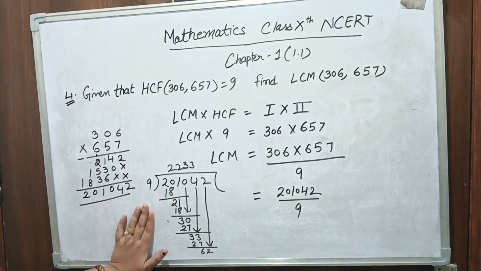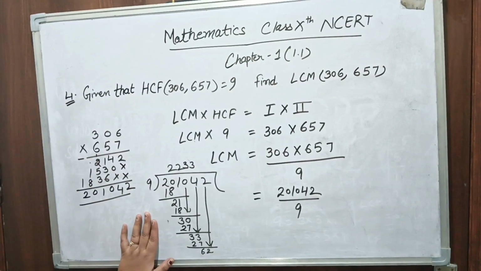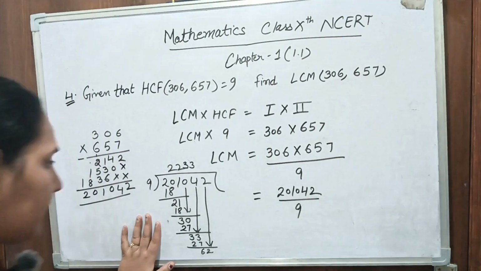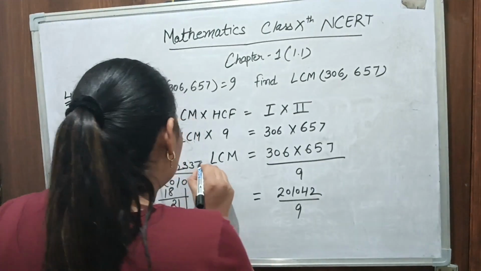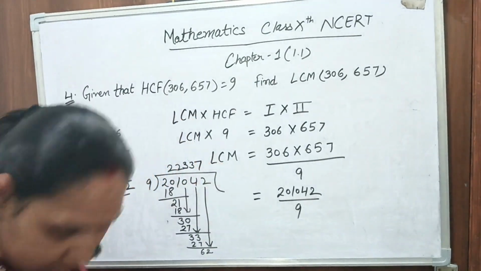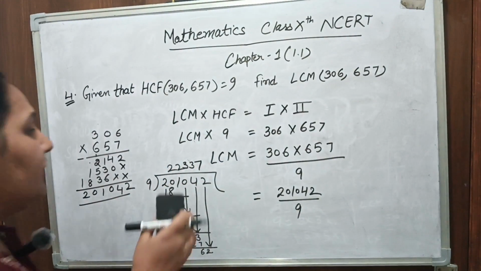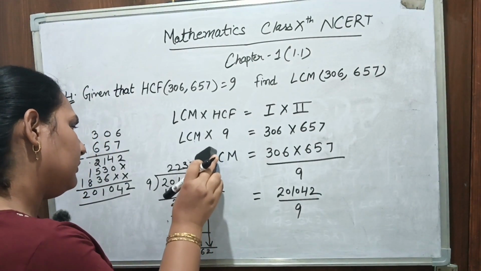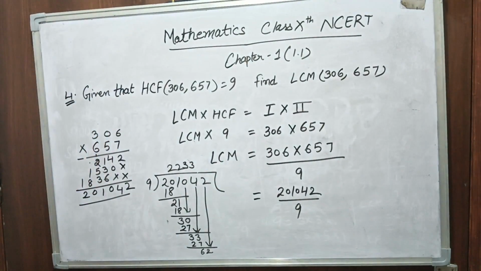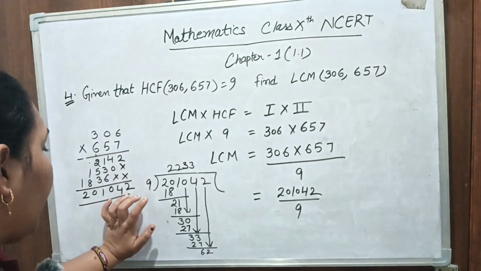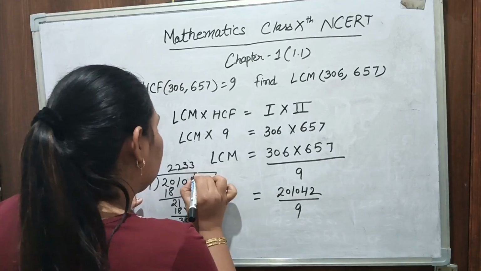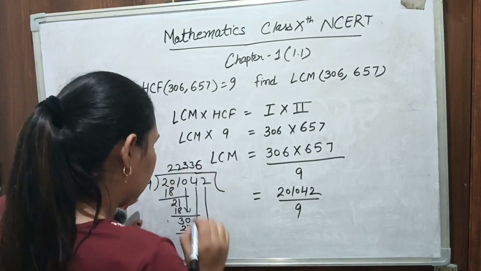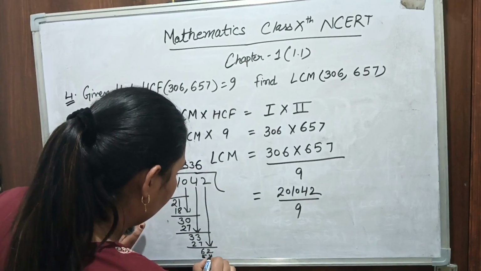Then 9 fives are 45, 9 sixes are 54, 9 sevens are 63. 63 will be greater than 62, so we take 54.